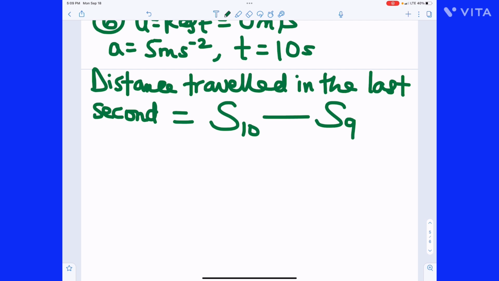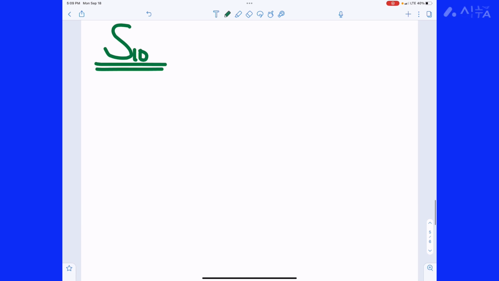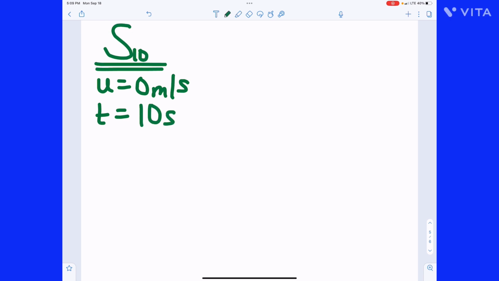So distance traveled for 10 seconds. Let's find that first. Initial velocity is 0 meters per second. If we want the distance traveled for 10 seconds, our time, or the duration of the journey, will be 10 seconds. Then acceleration is 5 meters per second squared.